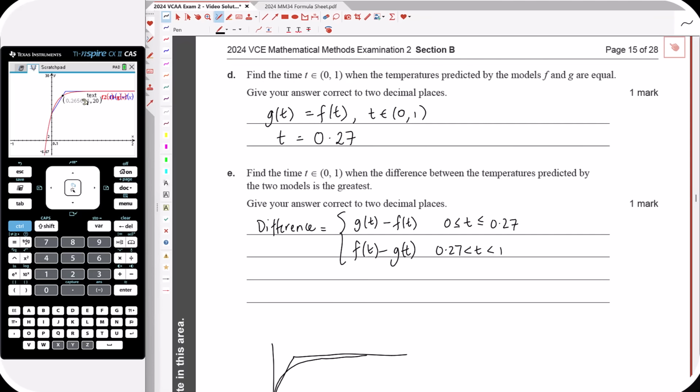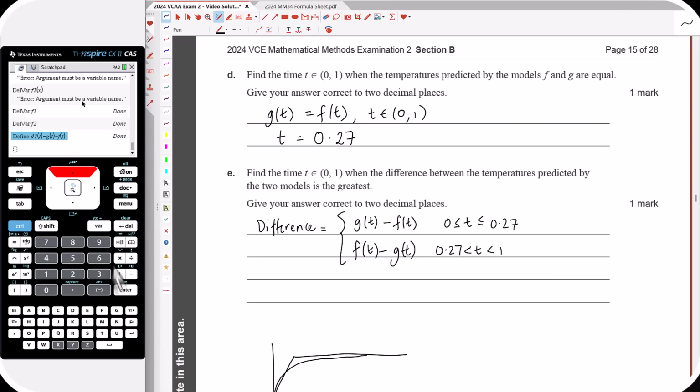So maybe let's define a function. So let's do menu 1, let's define distance 1, t as being g of t minus f of t.